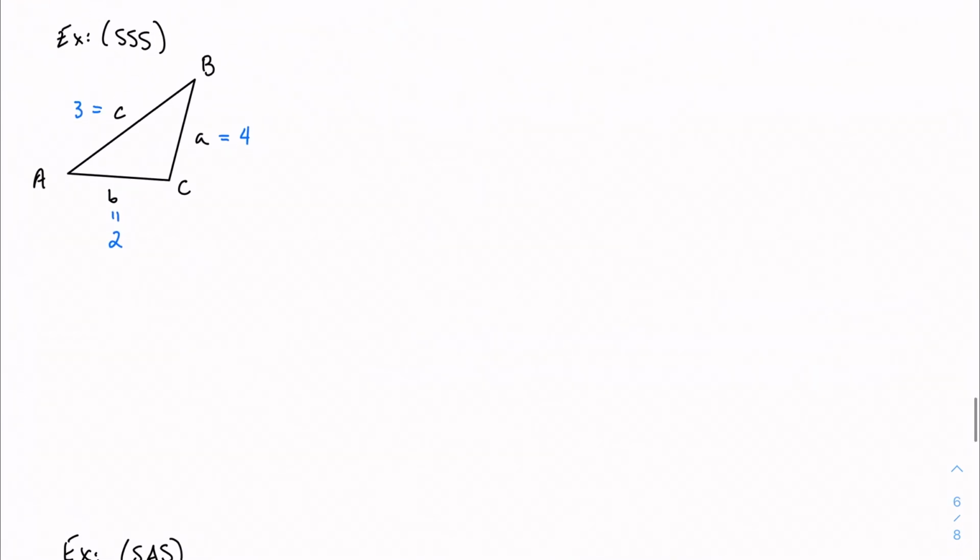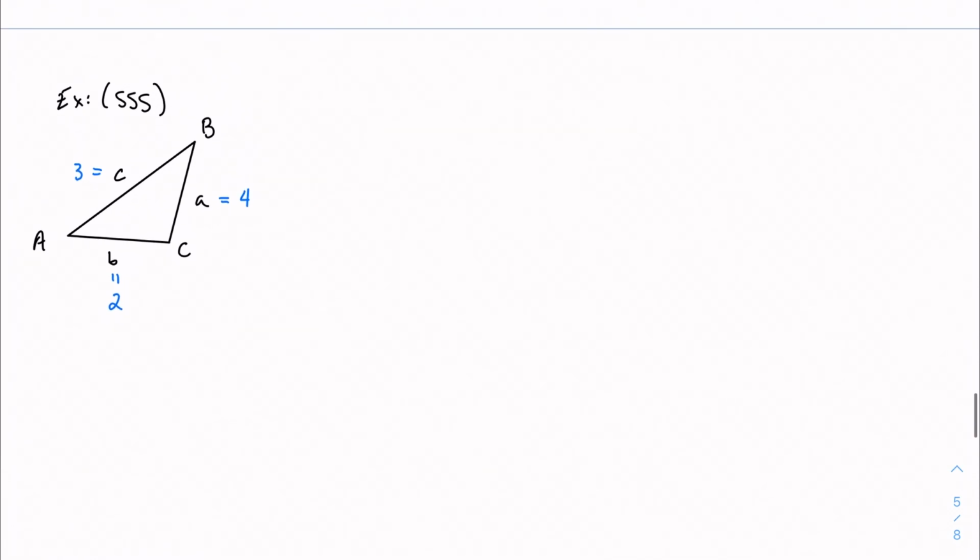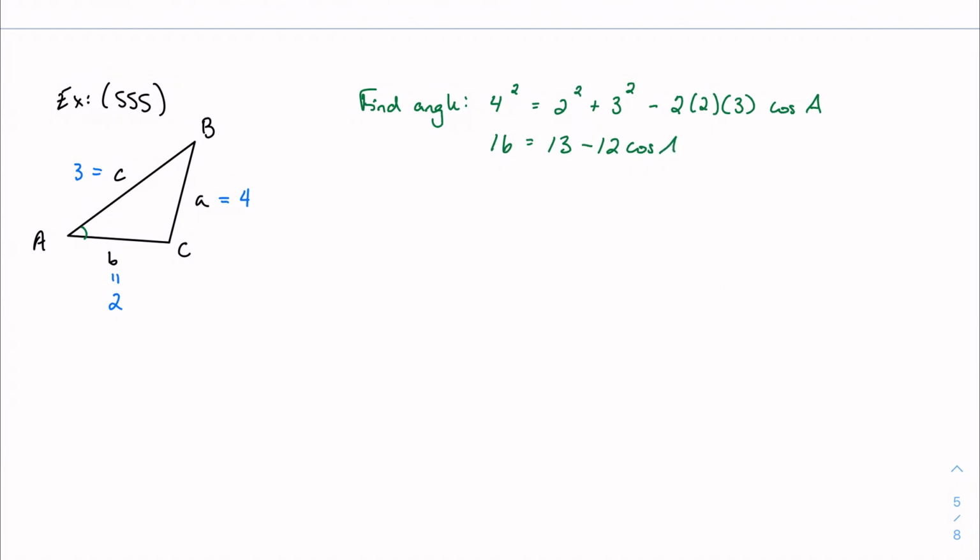Here's my first case where I'm given all three sides. So let's find one angle. We're going to find angle A. So we're going to find this one. So 4 squared, a squared equals b squared plus c squared minus 2bc cosine A. So let's simplify this. 13 minus 12 cosine A. Just as a warning, you cannot combine the 13 and the 12.